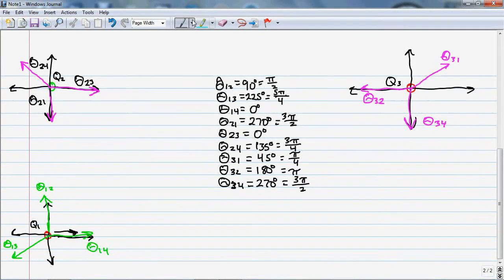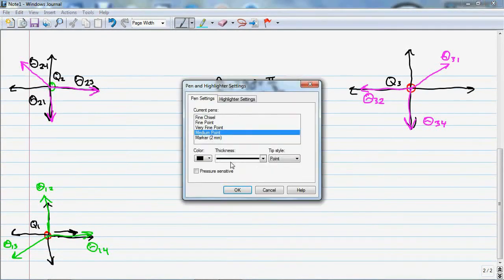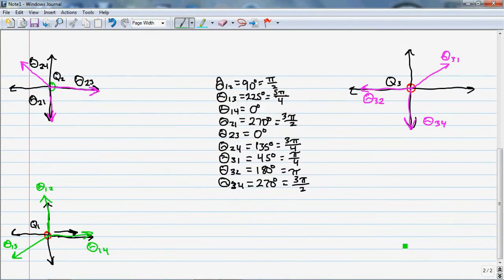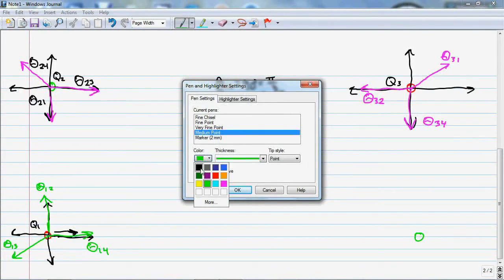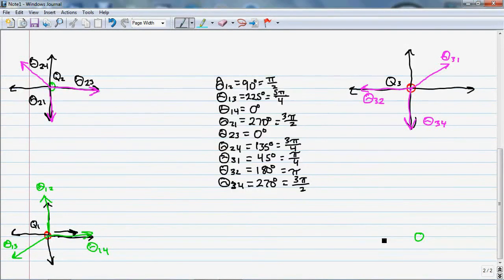And now we have our last charge. Get our x-axis here.